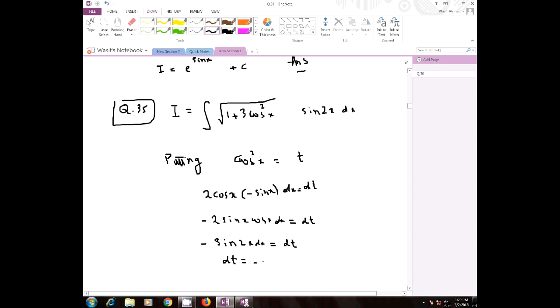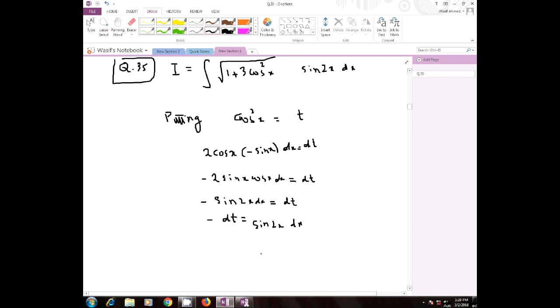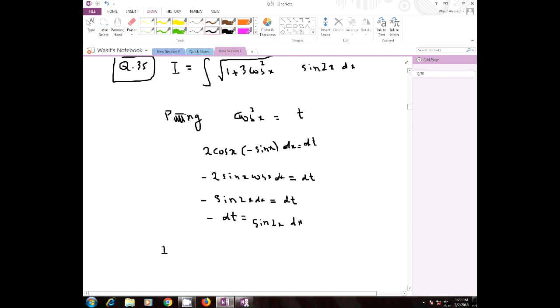So minus dt is equal to sine 2x dx. Put these simple values in your integral. You have I is equal to square root of 1 plus 3t multiplied with minus dt.